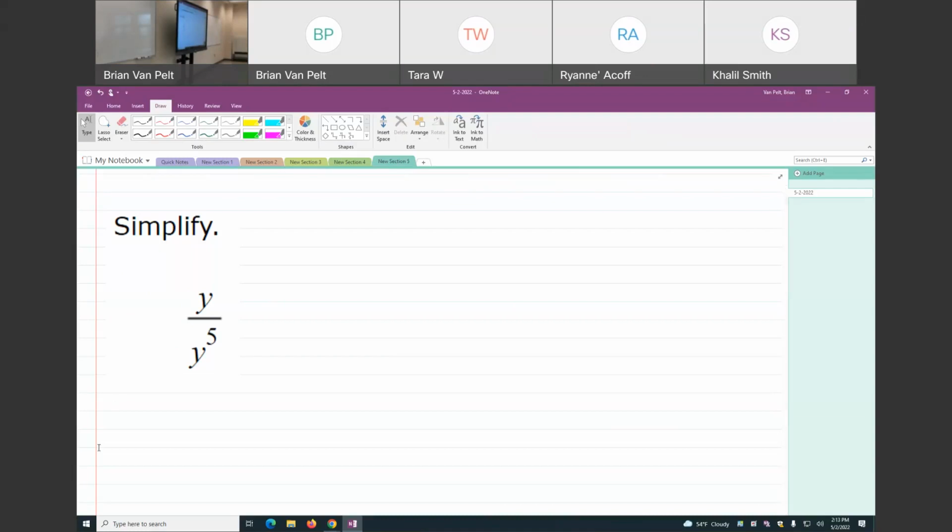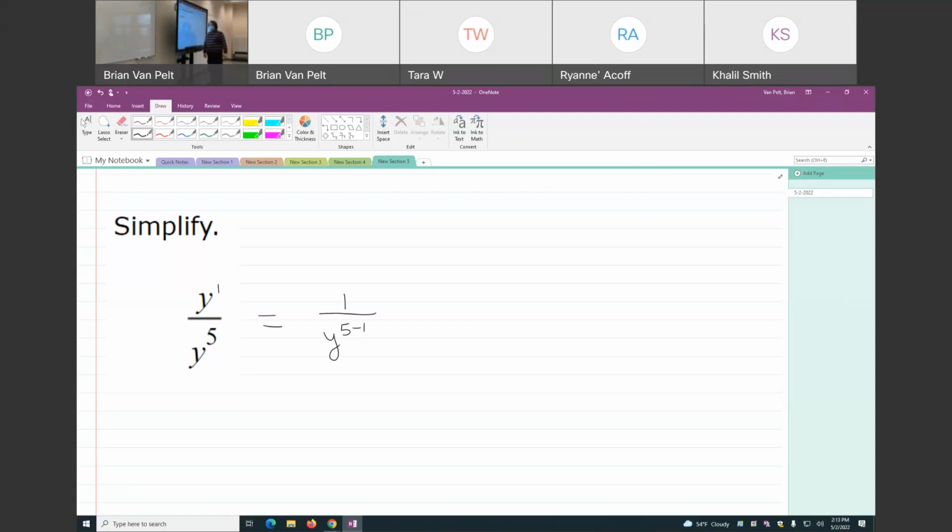What's your answer? So the y on top has an exponent of 1. The rule says we can do this: I can take this one down below and write it as y to the 5 minus 1.